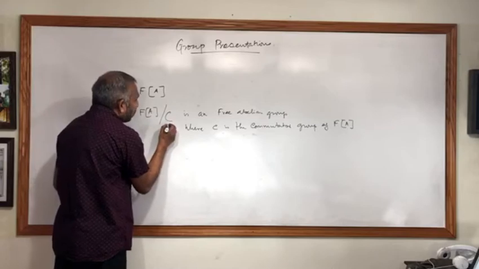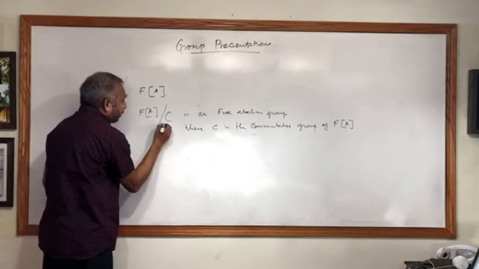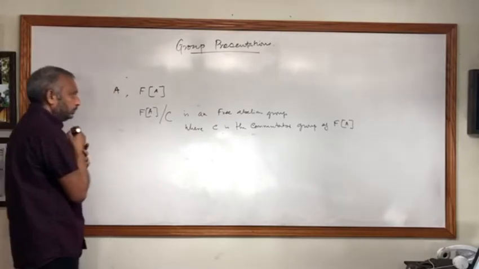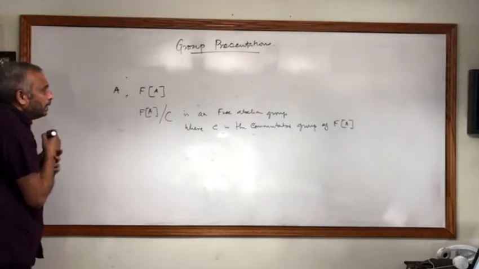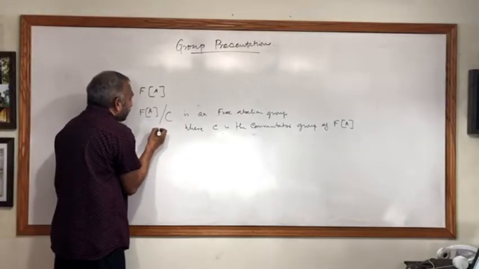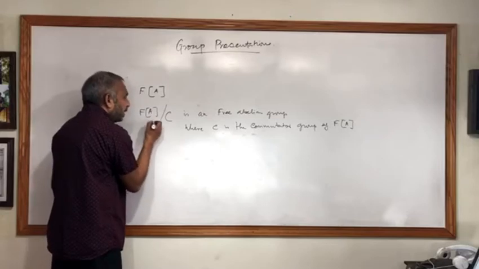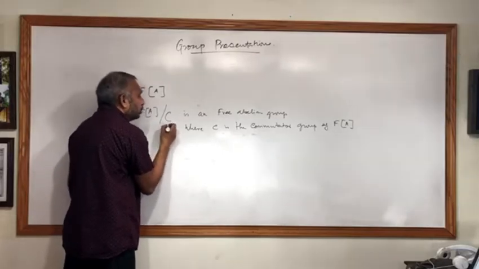So this subgroup is a subset of F of A, right? Meaning we are placing some conditions or criteria on the elements of F of A to generate C.